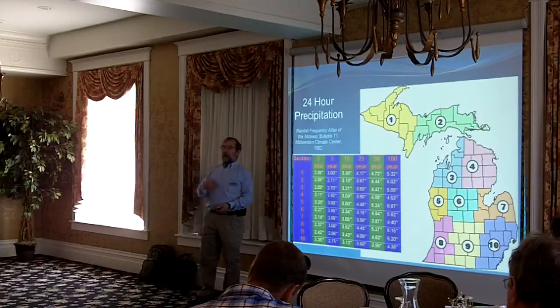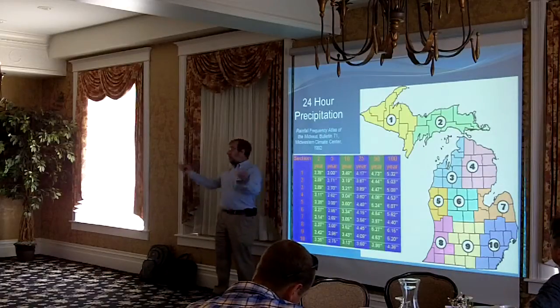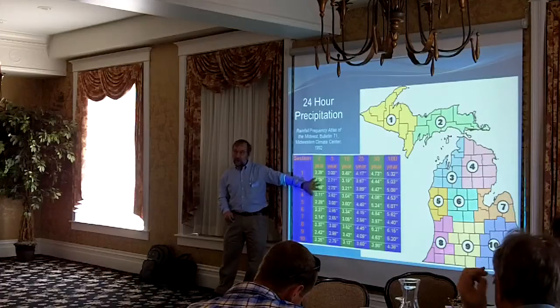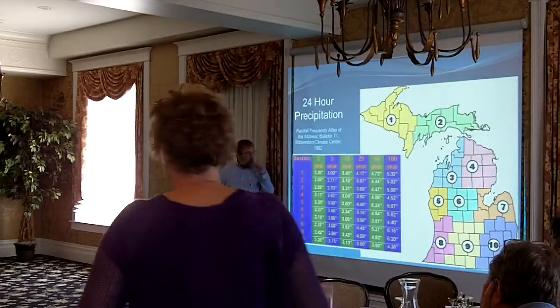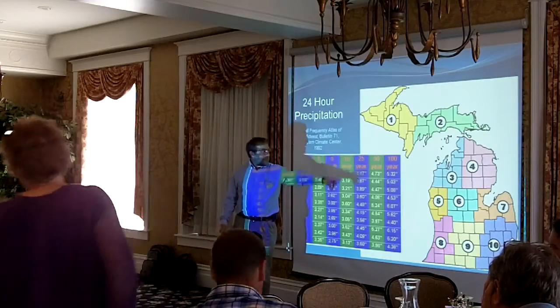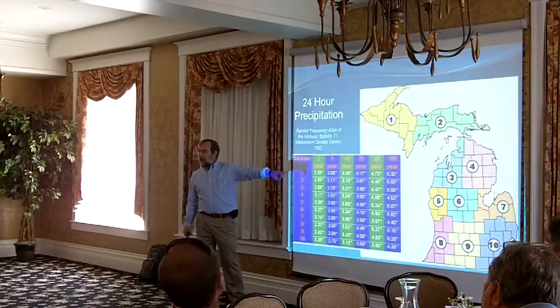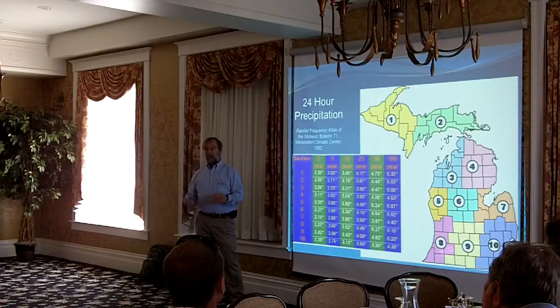NOAA has recently updated its atlas to change the precipitation. The numbers are all going up. They haven't gone up a whole lot at the 2-year level yet, but they're all going up. And NOAA no longer provides it at this level of distinction. They do it at a much narrower level of distinction.